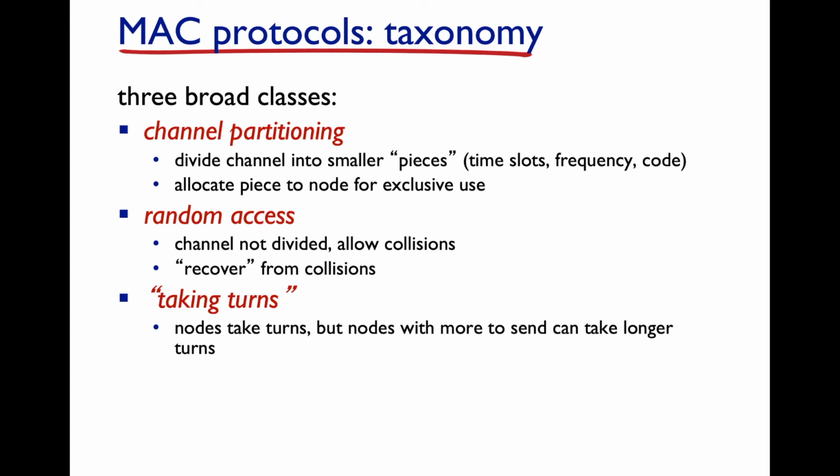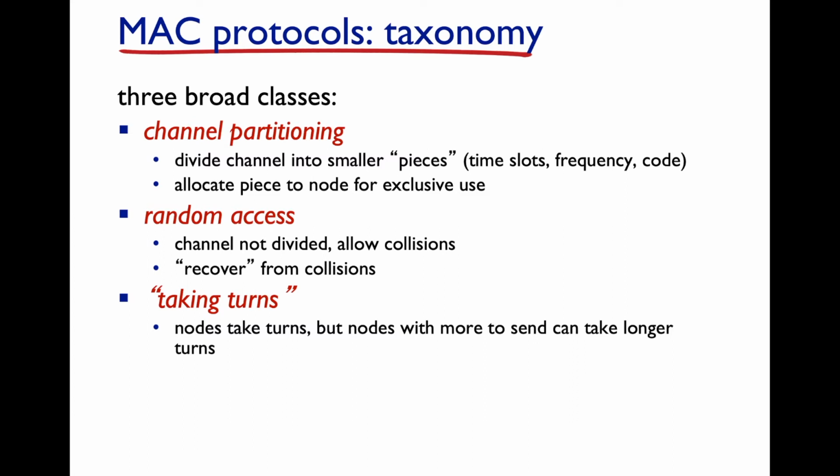And so we have media access control protocols, and they come in three major flavors. One is so-called channel partitioning, where you take all of the bandwidth available for your shared medium, divide it into a number of pieces based on time, frequency, etc., and then allocate each piece, that part of your channel's bandwidth, for the usage of a particular node. Then you have random access. The channel is not divided, but it allows collisions.